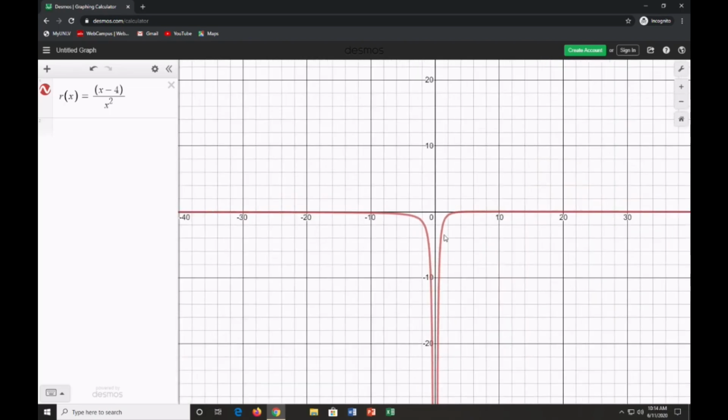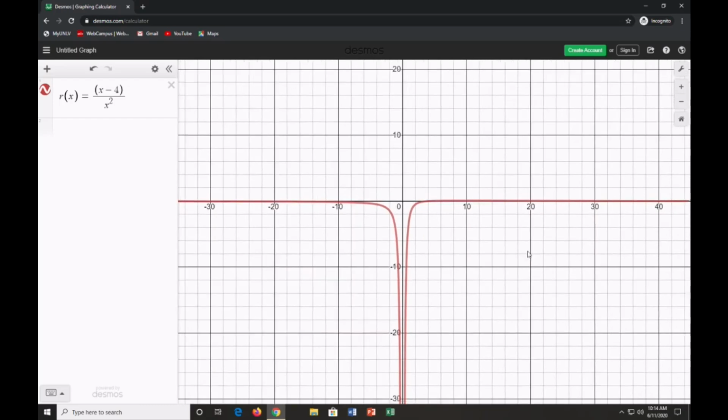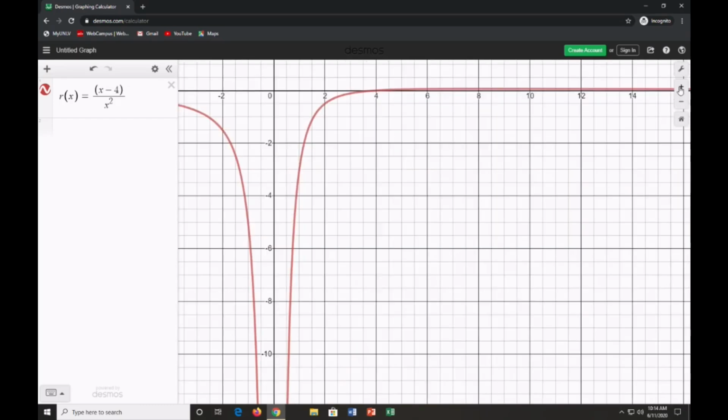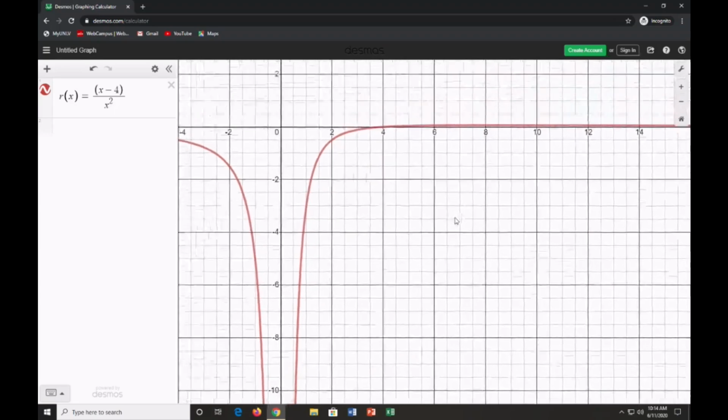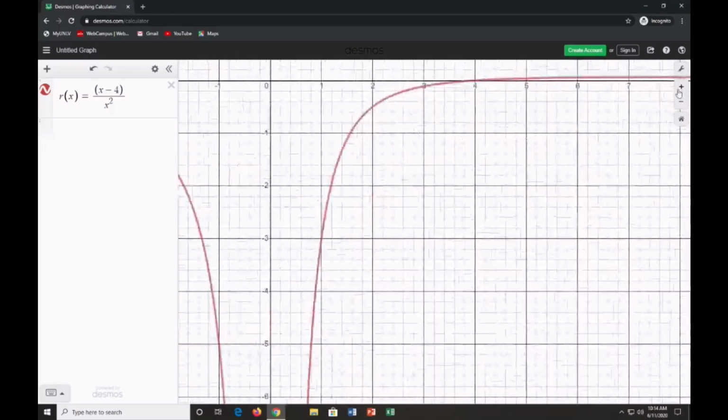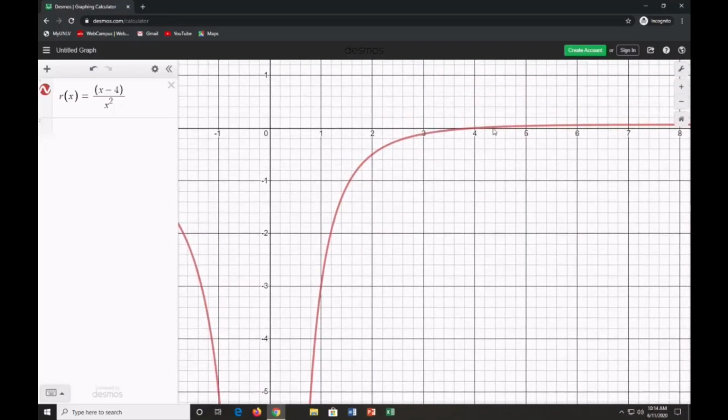Notice how the line of the graph is approaching the x-axis in here. Let me zoom in so you can see that in this case, in fact, the graph did cross the x-axis right there. Do you see it? Right there.